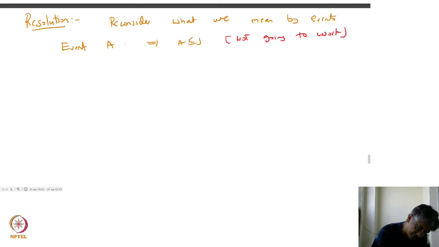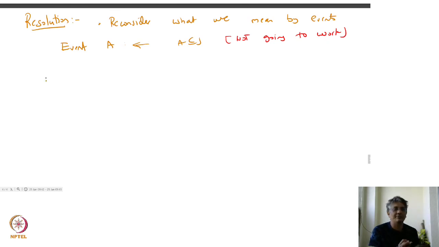I just meant that any subset of S is an event A. We have to reconsider this. We cannot work with this. That's one thing.